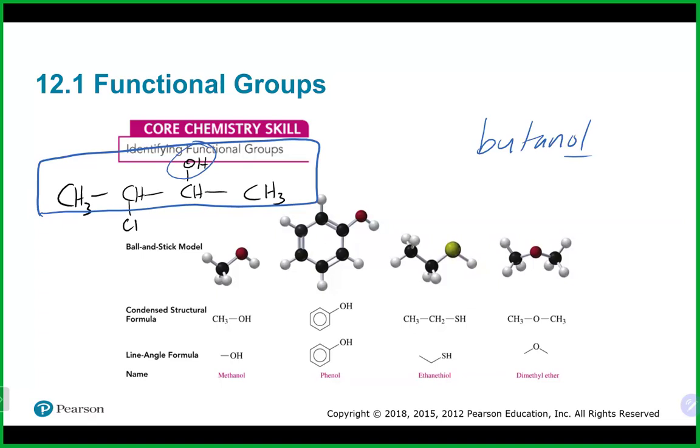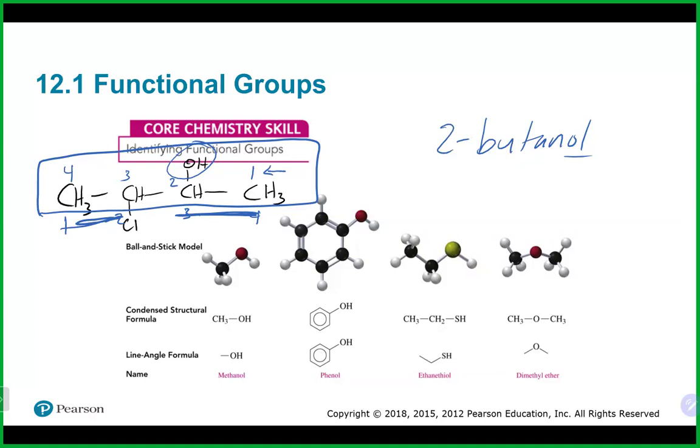We do need to number the chain. And again, we want to give the OH the smallest number. We could go right to left here, and that gives it a 2. Obviously, if we went left to right, that is going to give it a 3, which is a larger number. So we would not want to do that. We want to go in this direction. That means that my OH group is at carbon number 2. So this now becomes 2-butanol, the 2 for the location of the OH group.